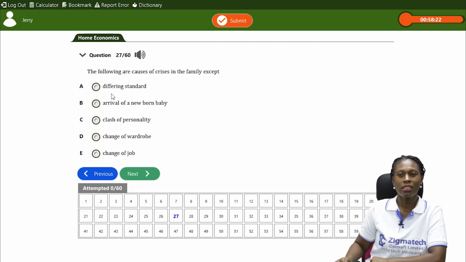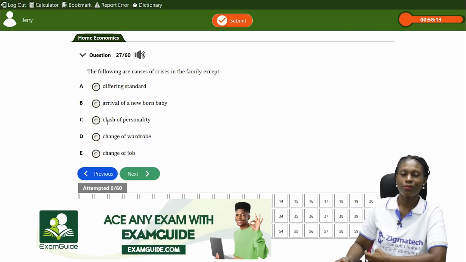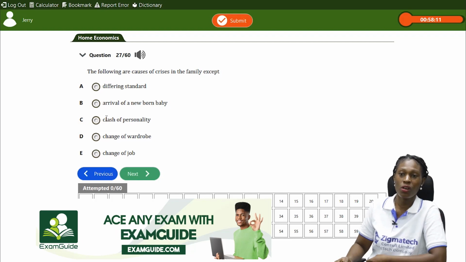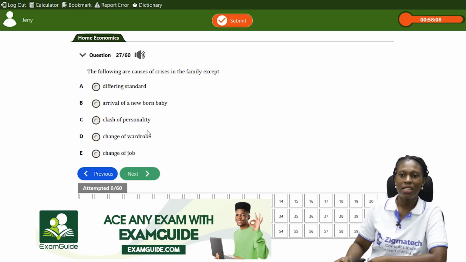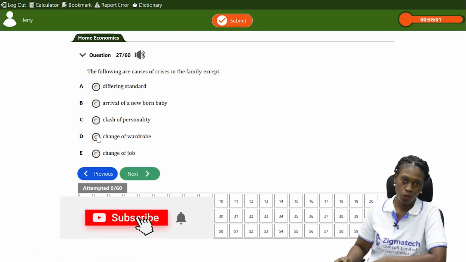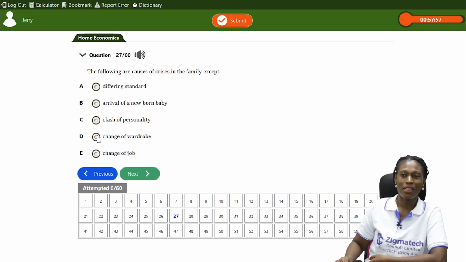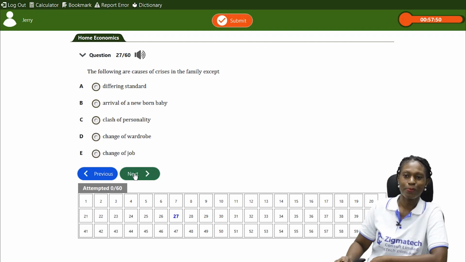Differing standards, arrival of a new baby, clash of personality and change of job can all cause crisis in the family. Change of wardrobe doesn't. So the answer is D.